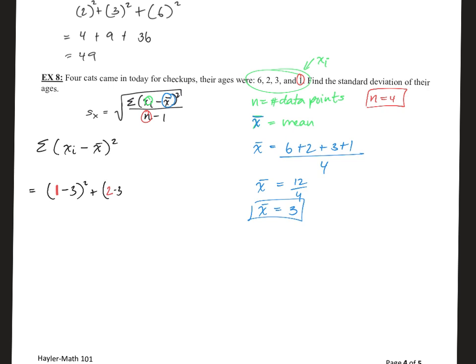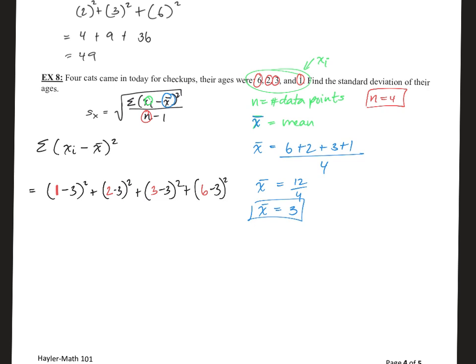subtract the mean from it, and square it. And then take the 3, subtract the mean from it, and square it. And then finally, add that with the 6, subtract the mean from it, and square it.